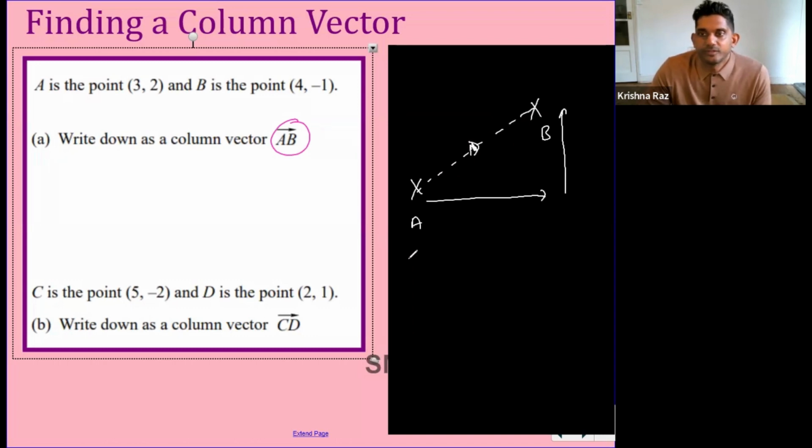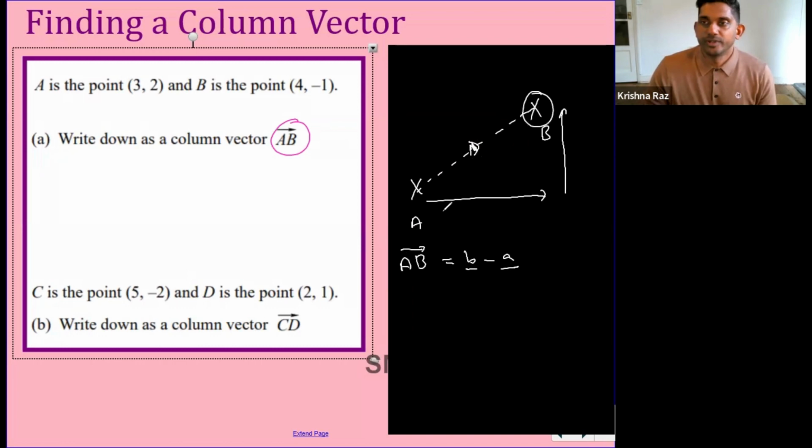For the vector AB, we need vector B take away vector A. So we need this point, and from it we subtract that one. We're given that B is the point (4, -1), and we subtract from it the point A, which is (3, 2).